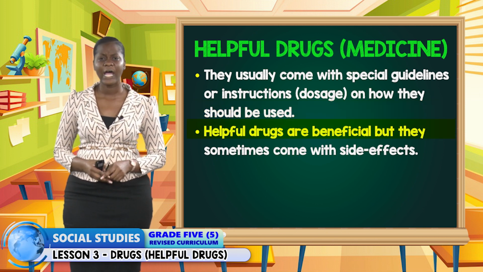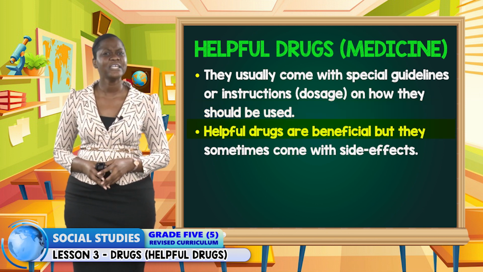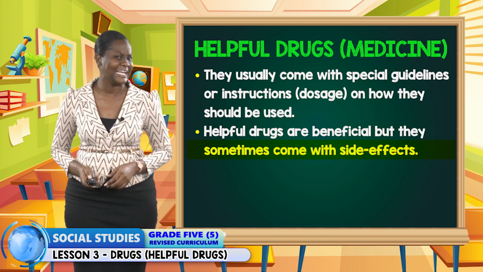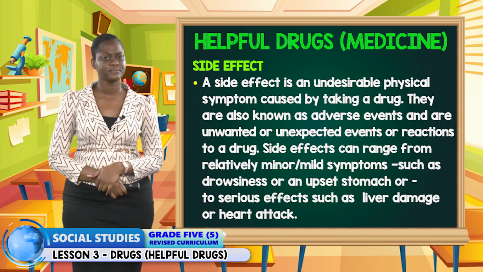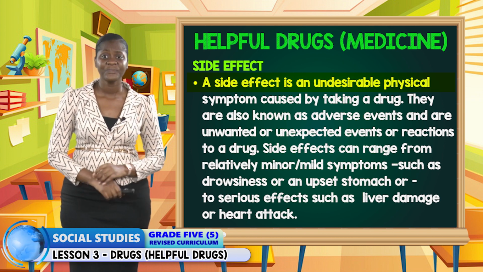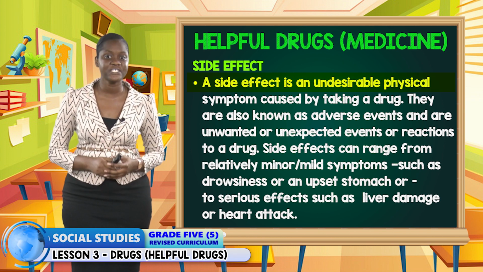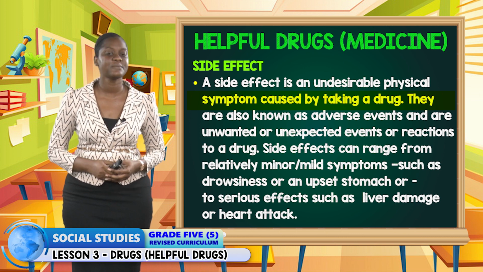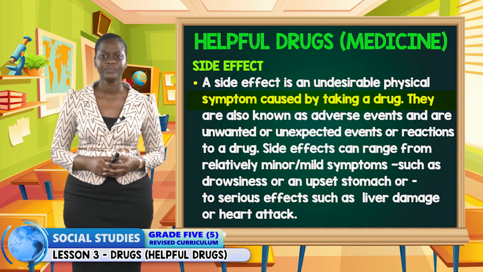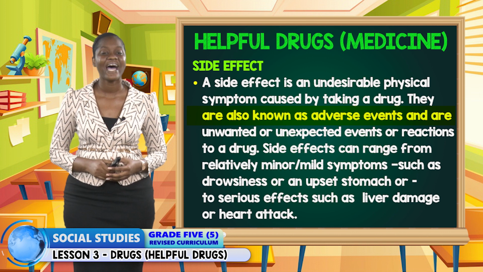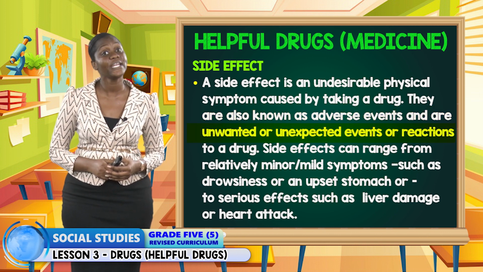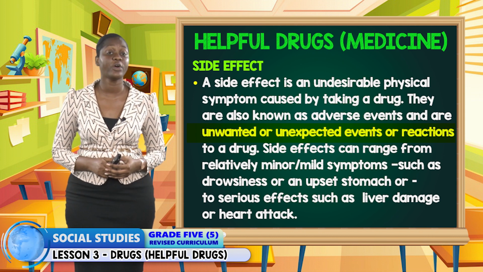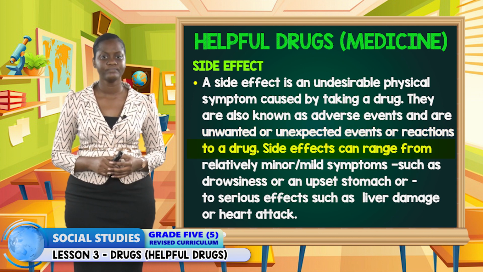Helpful drugs are beneficial, but they sometimes come with side effects. So what is a side effect? A side effect is an undesirable physical symptom caused by taking a drug. They are also known as adverse events and are unwanted or unexpected events or reactions to a drug.